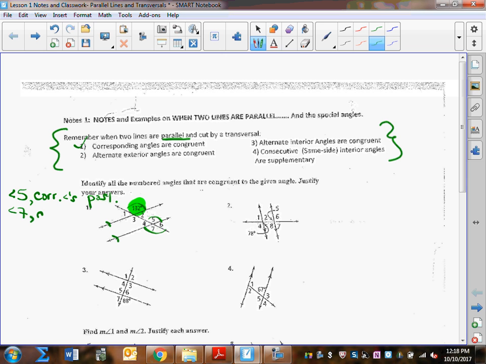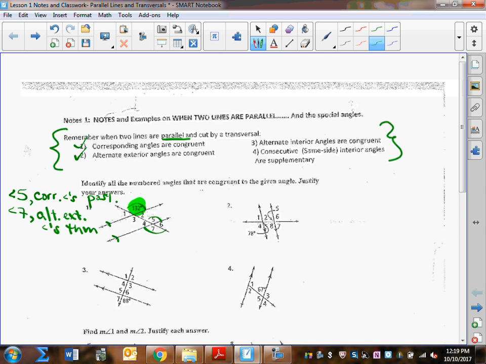And we use alternate exterior angles here. Now, we also know that alternate interior angles are congruent. Do we have any alternate interior angles with that 132? Why not? It's exterior. Yeah, it's an exterior. It's not even an interior, so we can't have an alternate with it if it's not an interior.